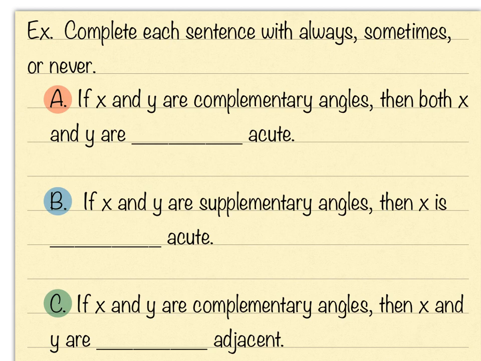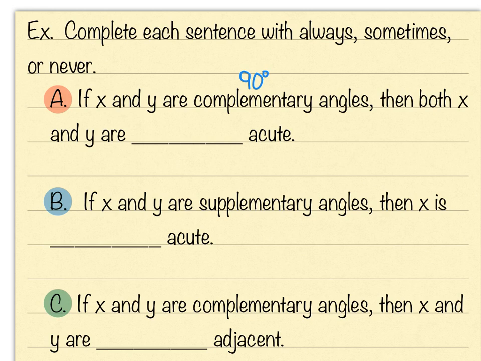All right, so now I want to go over some, I guess this is a good way to review our vocab. It says complete each sentence with always, sometimes, or never. And the first one says, if X and Y are complementary, which again, that means they'd have to add to 90. So if X and Y add to 90 degrees, then both X and Y are always, sometimes, or never acute.